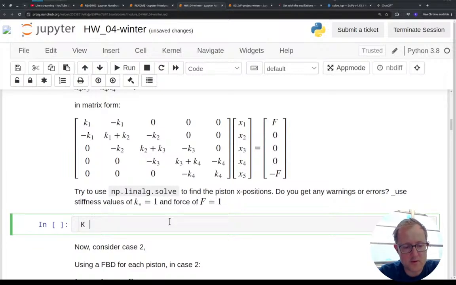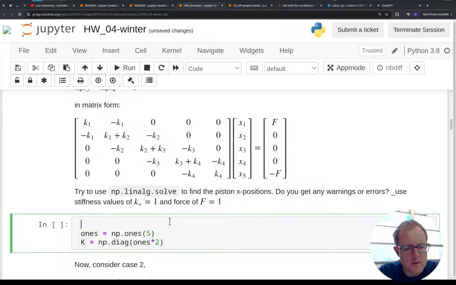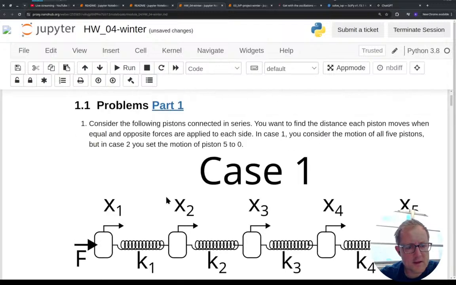I'm gonna do K is np.diag of, and let's do this. And I think, did I import?